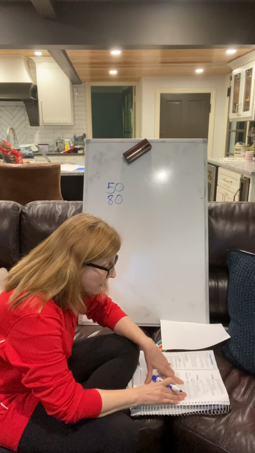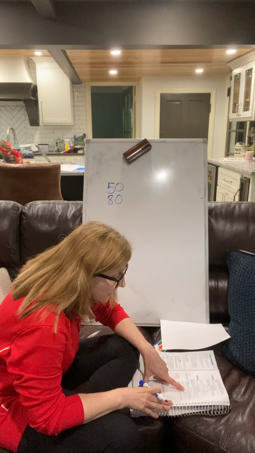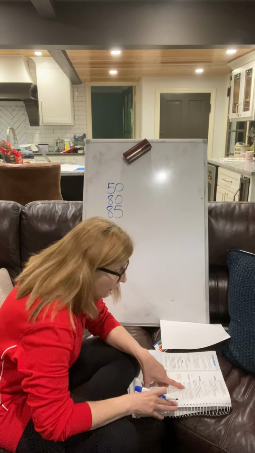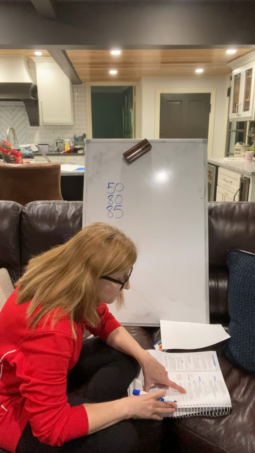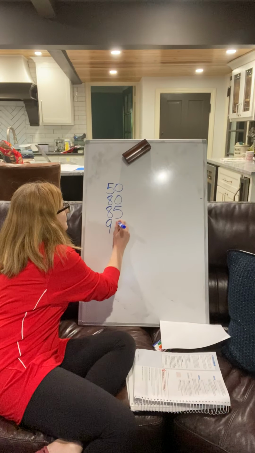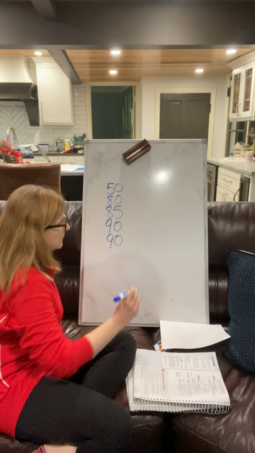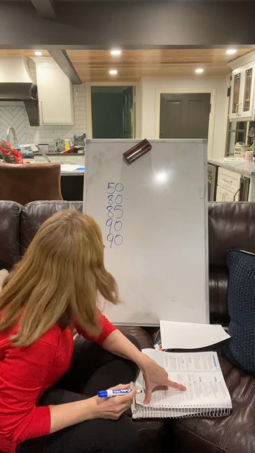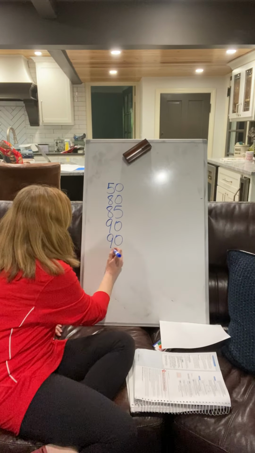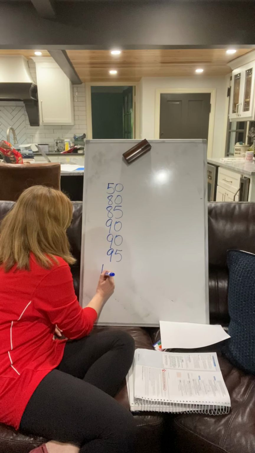And then the next number looks like 85. And then it looks like we have 3 90s. So 50, 80, 85, 3 90s, a 95, and a 100.